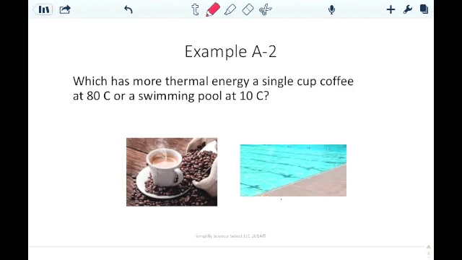Although the cup of coffee has a greater average kinetic energy, or greater temperature, the amount of energy in the pool still exceeds that of the cup of coffee. So the energy stored in that pool, even though it's at a smaller temperature, is much greater. Why? Because there's a huge difference between the mass of a cup of coffee and the mass of the pool.